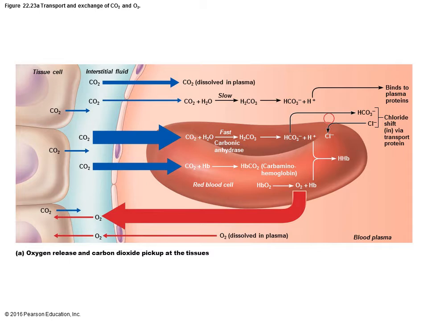Oxygen goes in reverse. It unbinds from the hemoglobin, which is part of the red blood cell, listed as Hb, and the oxygen is released. It flows out of the capillaries, across the interstitial fluid, and into the cells where it's needed.